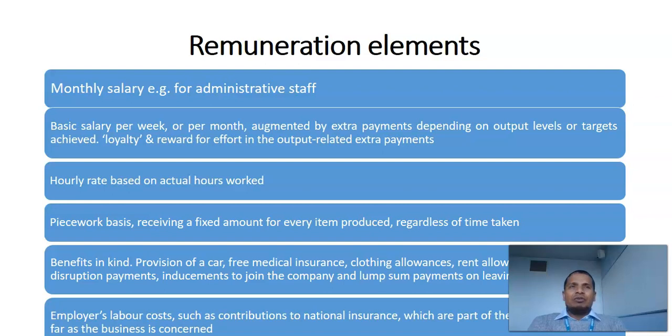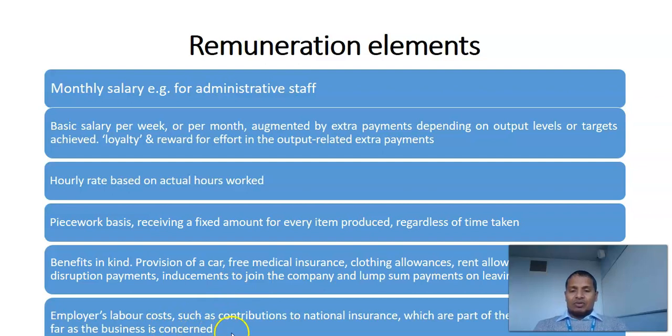The organization gives a car, particularly to high officials, for official use and in some cases personal use, mostly official use. Rent allowances, relocation allowances, disruption payments. So there are different kinds of payments provided, which are benefits in kind.